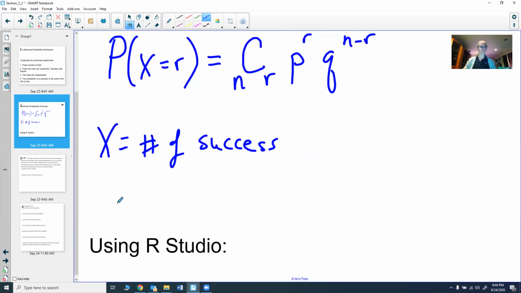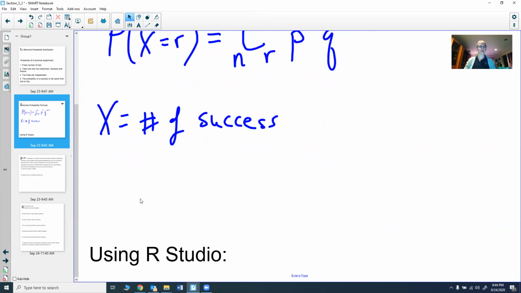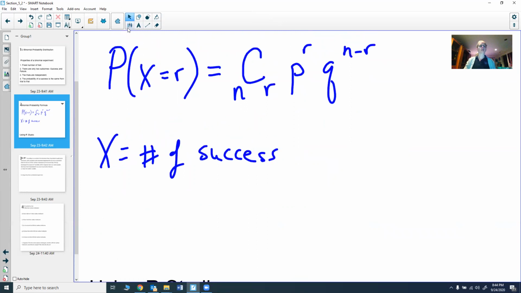Little r actually represents how many successes you want to find. So little r would actually be the number of successes you want.